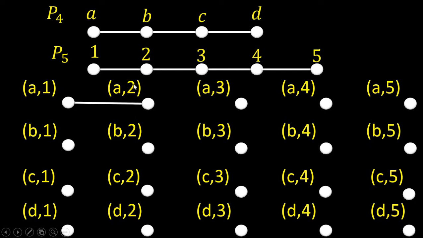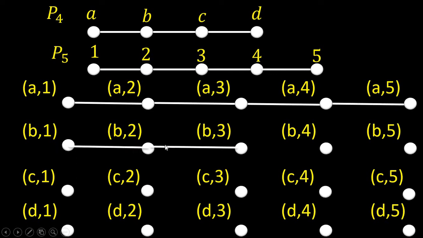Similarly, if x1 and x2 are equal, and 2 and 3 are adjacent in the second graph, I make an edge between A2 and A3. Similarly, 3 and 4 are adjacent, so I make an edge between A3 and A4. Similarly, A4 and A5.